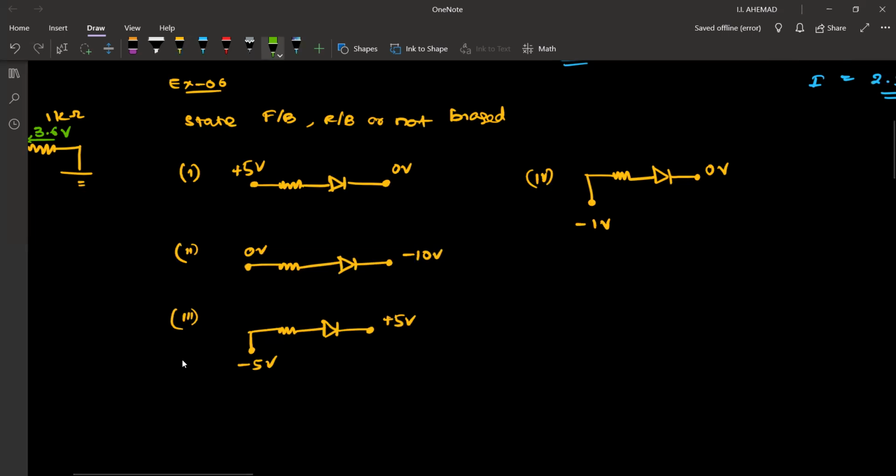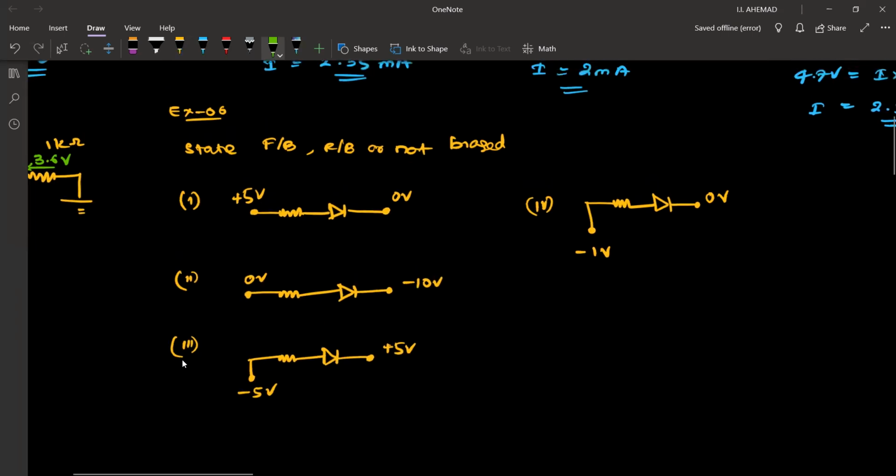So, what can you tell about the first diode? Is it forward biased or reverse biased or not biased? Not biased, let's say in B.